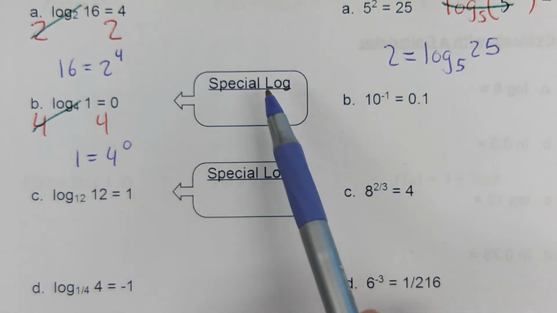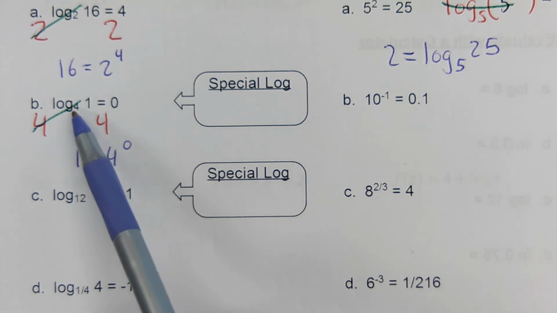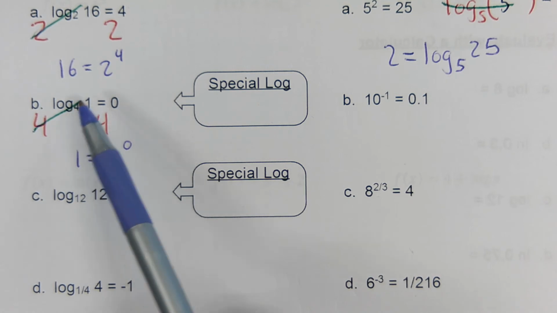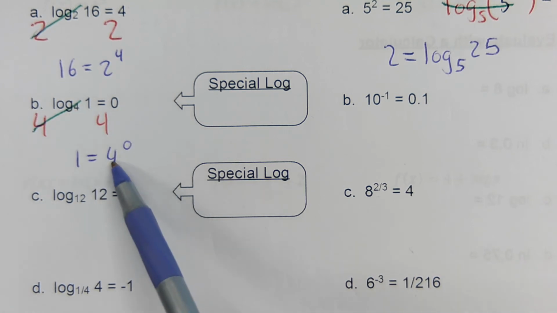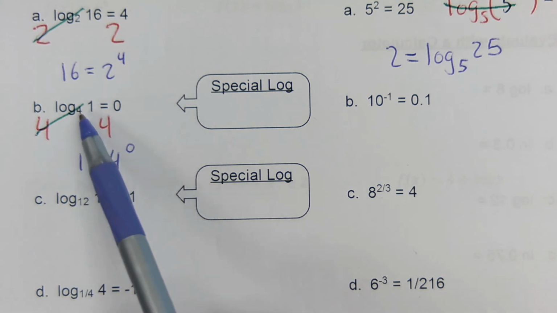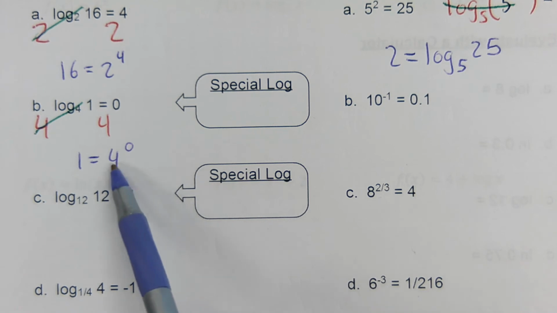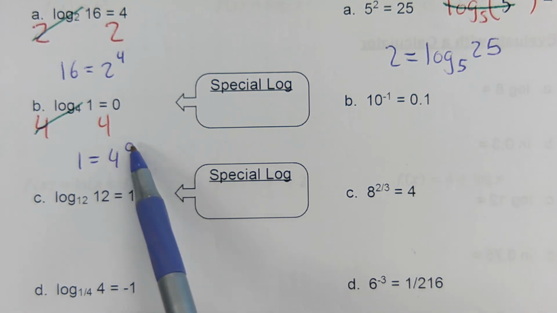Now this has an arrow pointing at it. It says that this is a special log. The reason why this is a special log is because this base didn't matter. Because when I wrote it in exponential form, it was going to be that base raised to the 0, right? This could have been a base 5, a base 6, a base 7, a base 20, a base 38. It wouldn't have mattered because over here it would have said that number raised to the 0.